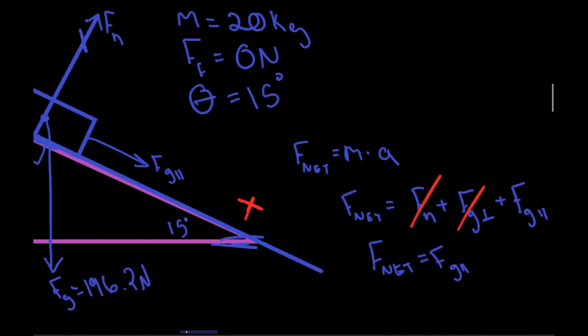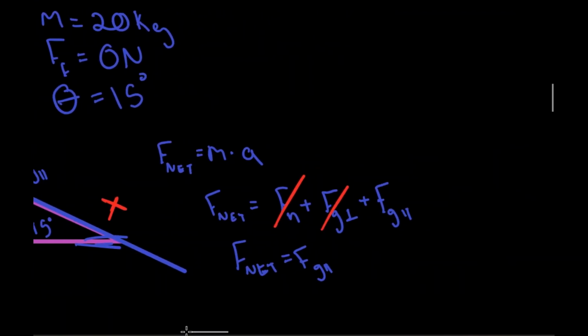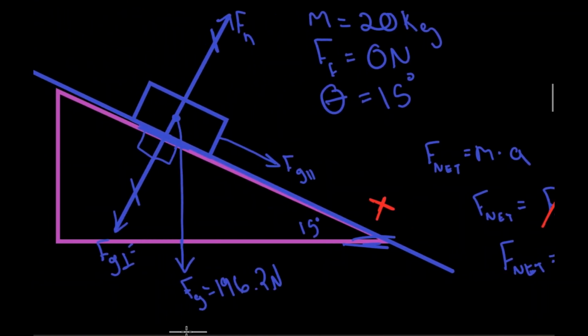So now that we know that, we can find our force of gravity parallel. As I previously mentioned, our force of gravity parallel can be rewritten here or here at the bottom too. It doesn't matter as long as you know that this bottom force is our force of gravity parallel. To find this, we're given that the angle theta is 15 degrees.